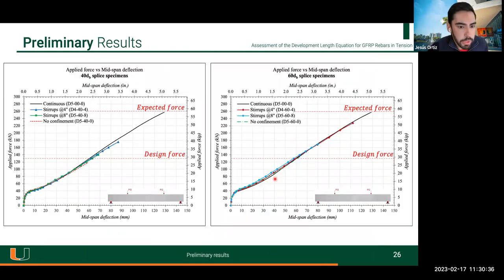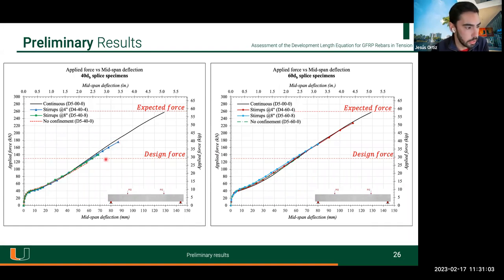So here are some preliminary results of the beams we have tested and analyzed. In the graph on your left, you can see all the specimens with 40 db of splice length. The black one is the reference one. The blue one with the triangles is the specimen with stirrups every 4 inches.